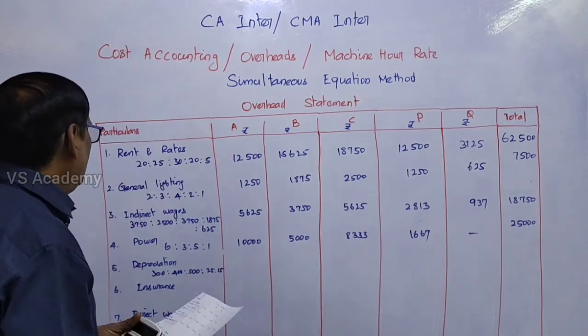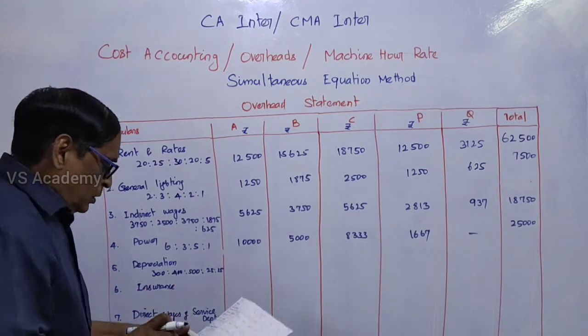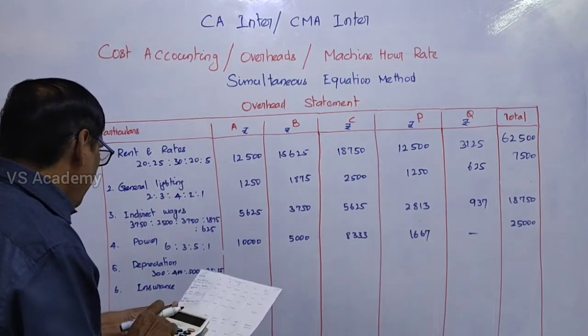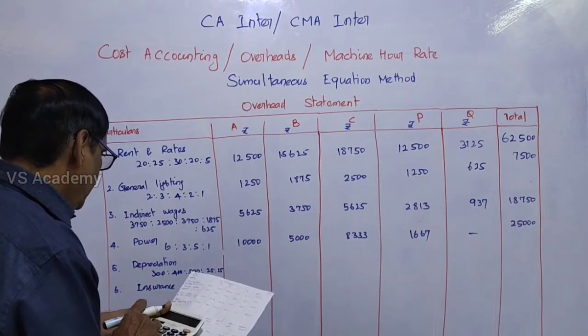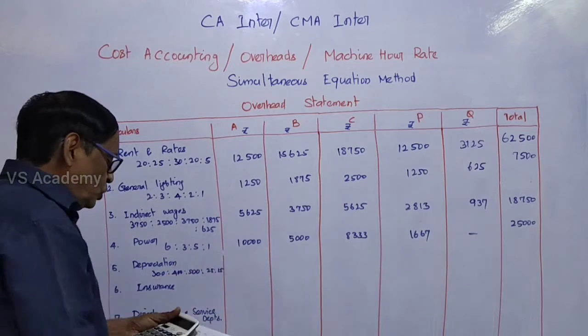So these are the 5 ratios. What is the total? 300 plus 400 plus 500 plus 25 plus 25. So the total will be 1,250.